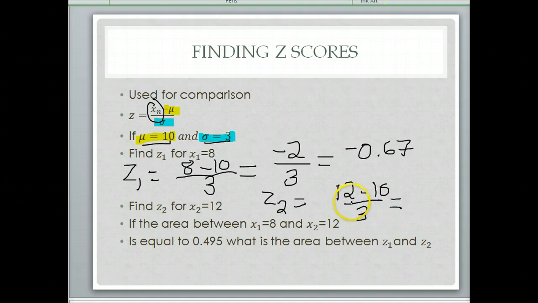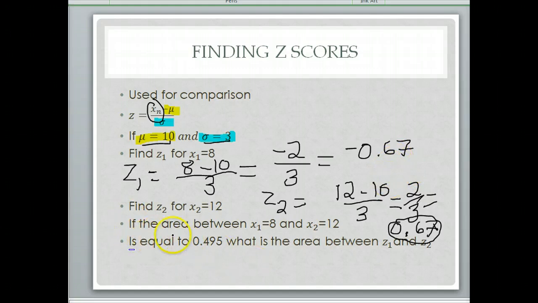Upon doing the math, 12 minus 10 is 2. 2 divided by 3 is, I'm going to run out of room, a positive 0.67. Okay? So we have our z-scores for the two individual students. It shows their relative score to the mean and standard deviation.